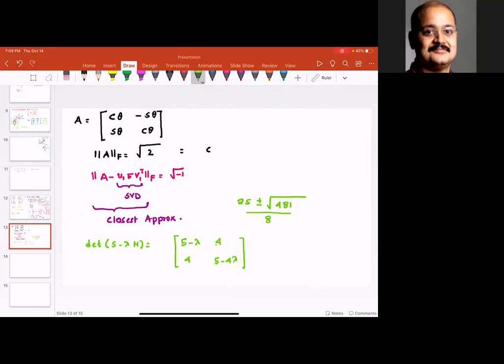And then the next part is when you solve your determinant of H minus lambda I and equate it to 0. Right. I think you did this part, but you need to do this part as well, where H is represented by the inverse of.